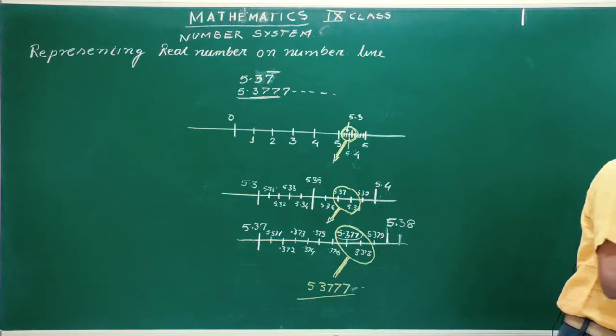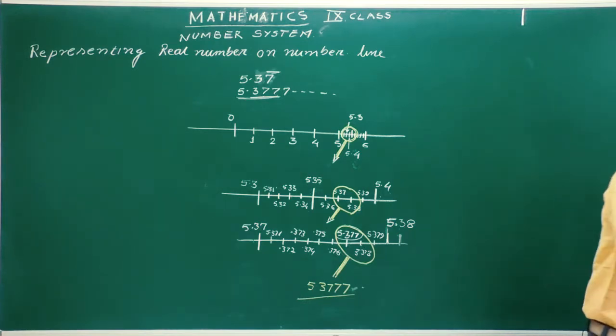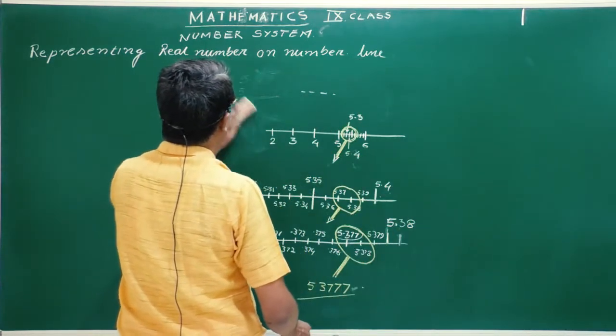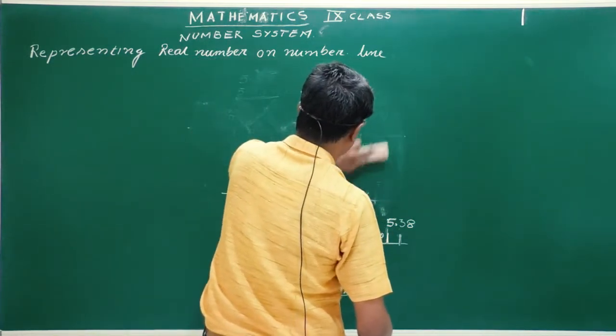Okay, so now there is one statement: every real number is represented by a unique point on the number line. So that we have shown. Now exercise number 1.4, sorry, not 5.4, 1.4.